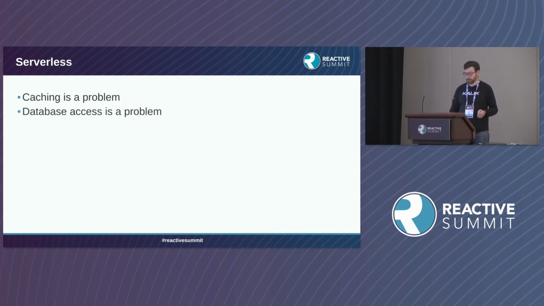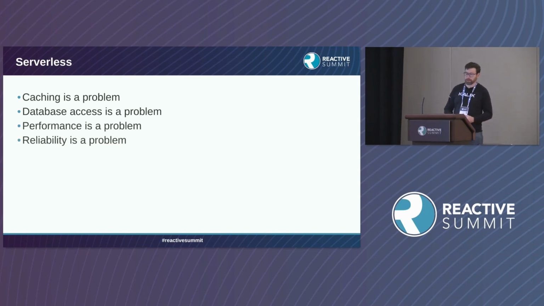You couldn't cache with them. Database access was a problem, because you'd be creating these database connection pools just for one request to be handled. Performance can be a problem when you link them all up together. Reliability becomes a problem, because you have no control over when these things are started and stopped.